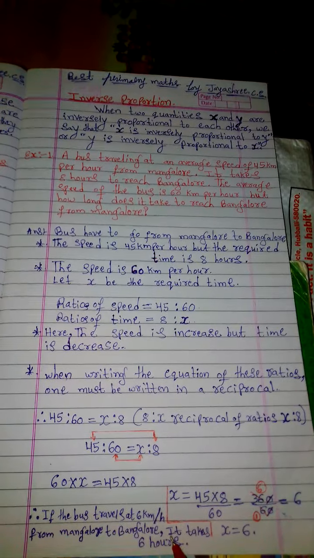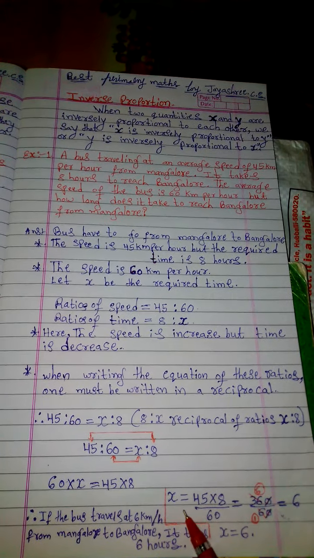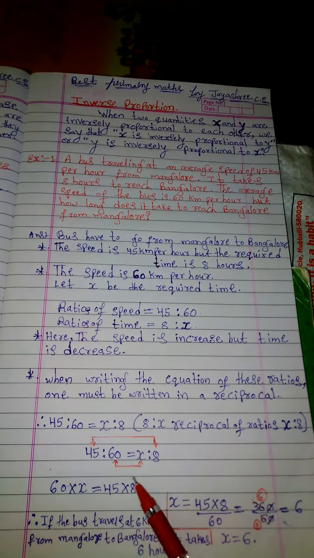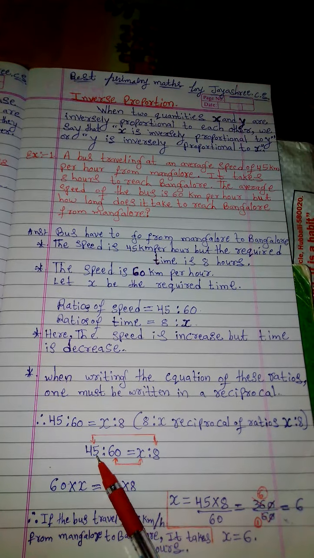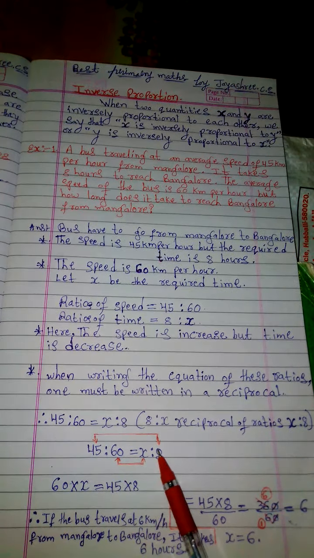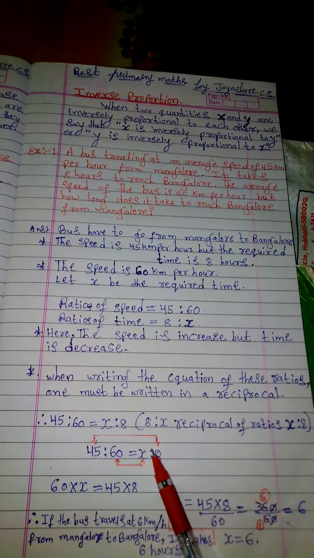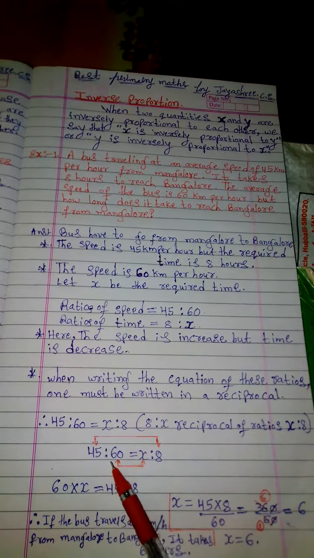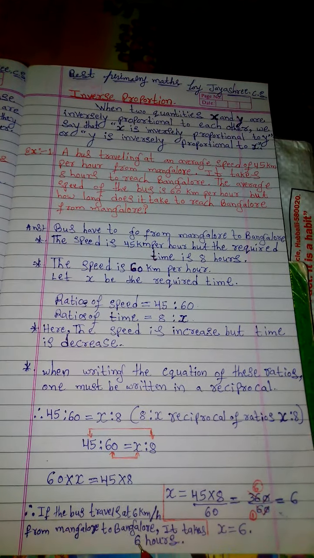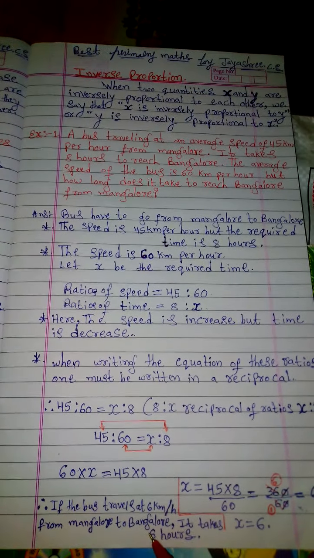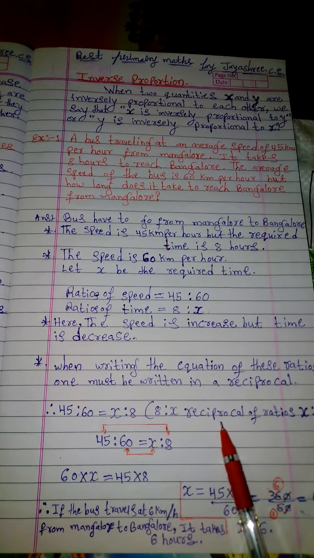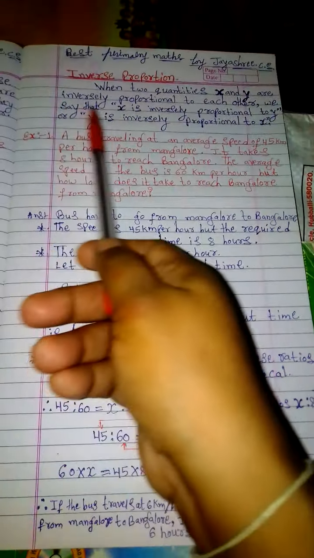Here, as the speed goes down, the travel time goes up, and as the speed goes up, the travel time goes down. So it is an example of inverse proportion.